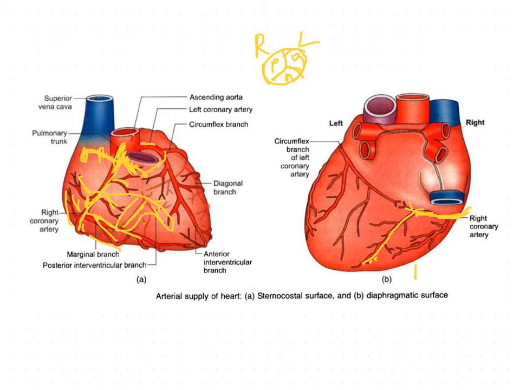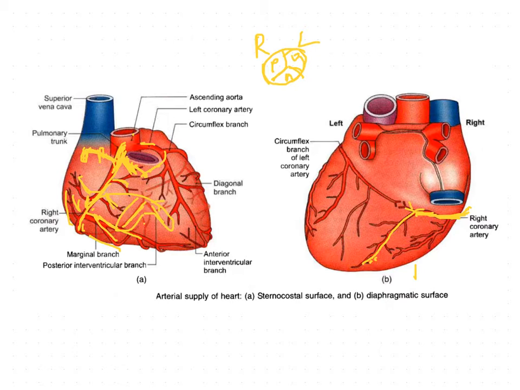The whole conducting system of the heart means it is supplying the SA node, the AV node, and also the AV bundle. In the AV bundle, it supplies the right branch, and the left branch of the AV bundle is not supplied by the right coronary artery. That means the majority of the conducting system is supplied by the right coronary artery.